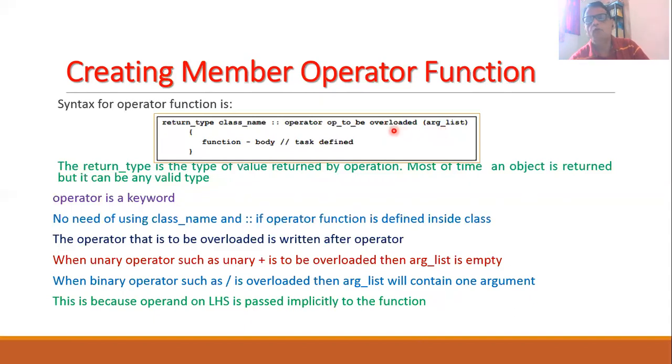And whenever you overload a unary operator, then this argument list will be empty, that is, it will contain only empty brackets. For example, suppose I'm having a class complex. So I can write a return type complex.